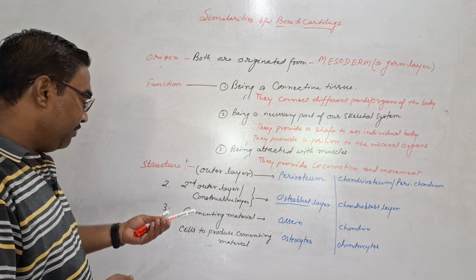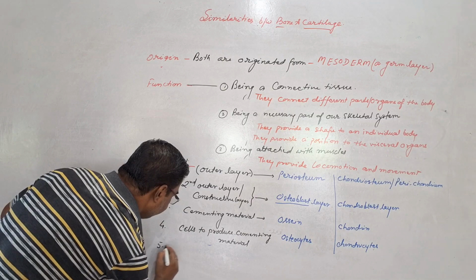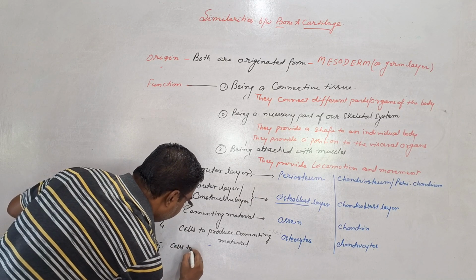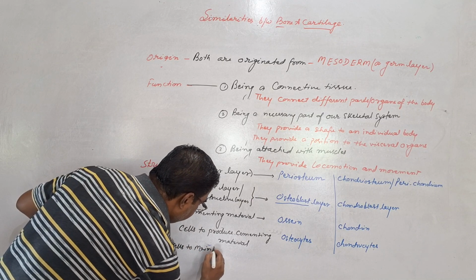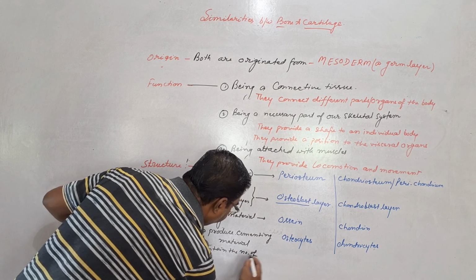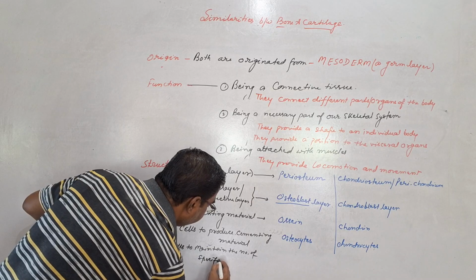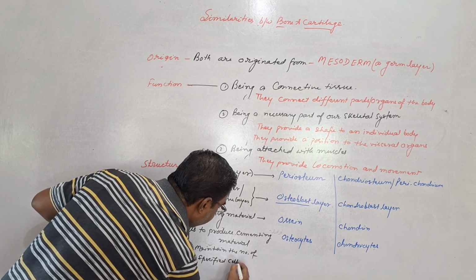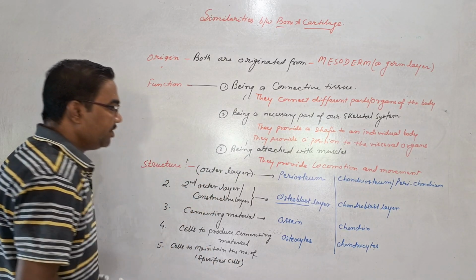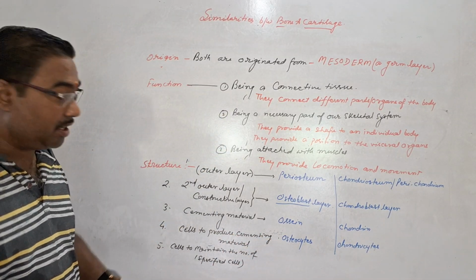One more way you can differentiate is the cells to maintain the number of specified cells. Here I am writing specified cells. What are the specified cells? Osteocytes are the specified cells.